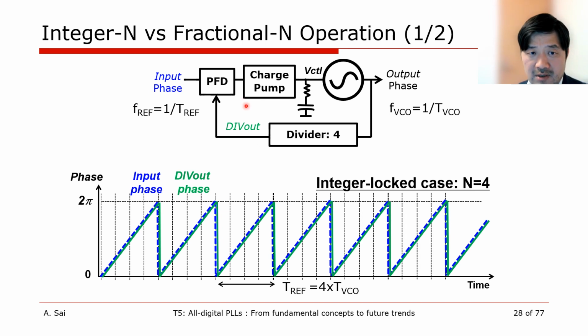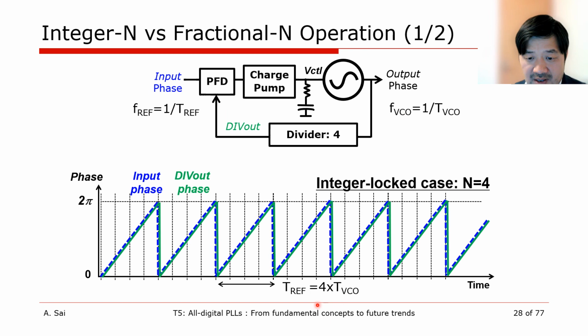First, we will explain the difference in operation and design when the division ratio of the PLL is an integer. This figure shows a case where the output phase is locked with a division ratio of 4 with respect to the reference phase in an analog type 2 PLL.